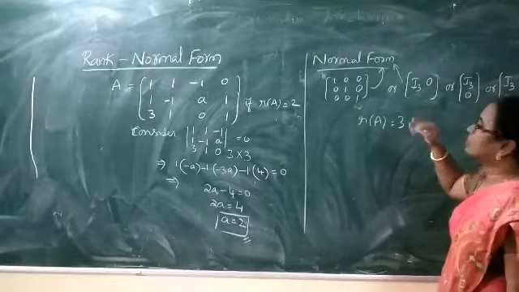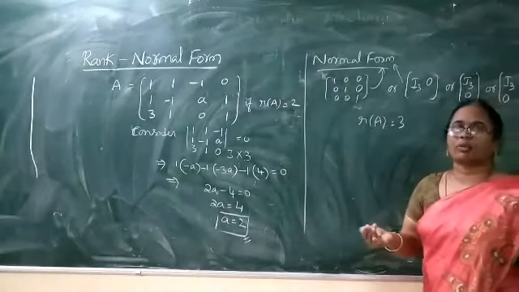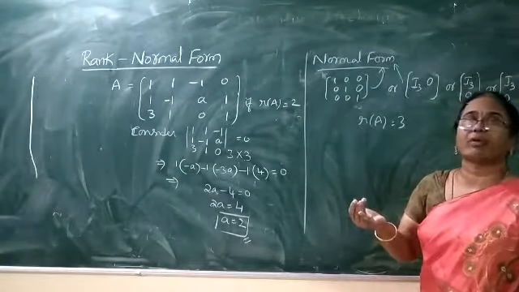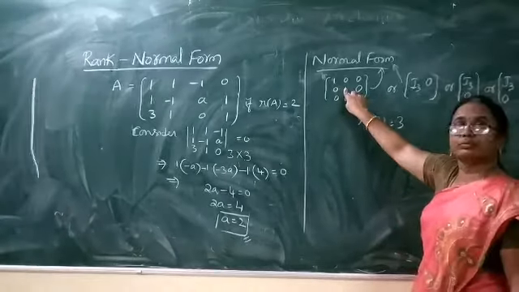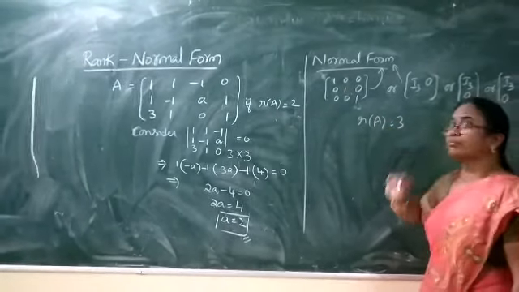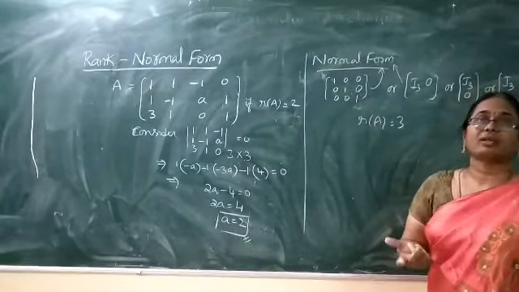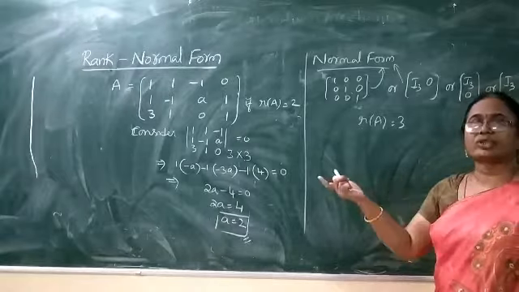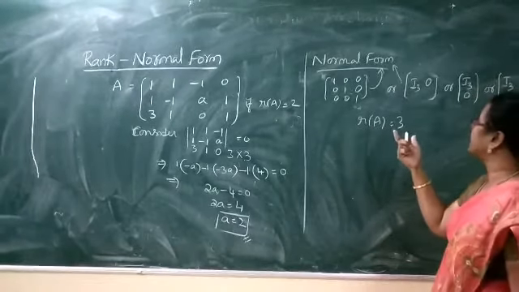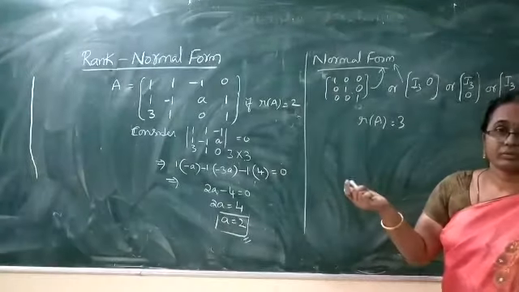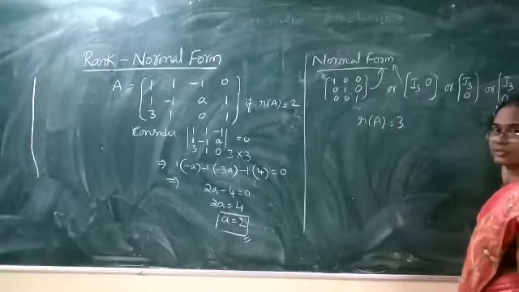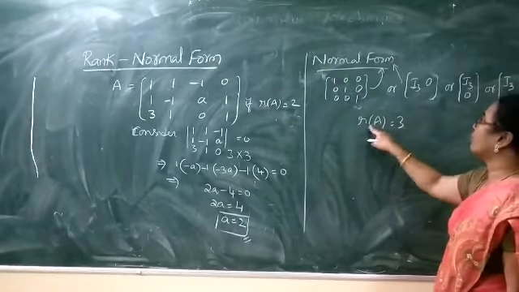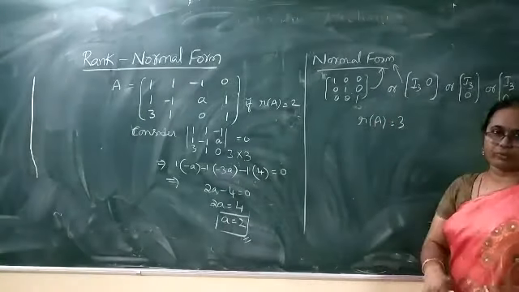Right? Suppose for some matrix we have got I2. Then the rank of the given matrix becomes 2. And for some other matrix, after reducing to normal form, the normal form contains I4, maybe of any of these forms. Then we say that the rank of the given matrix is 4.